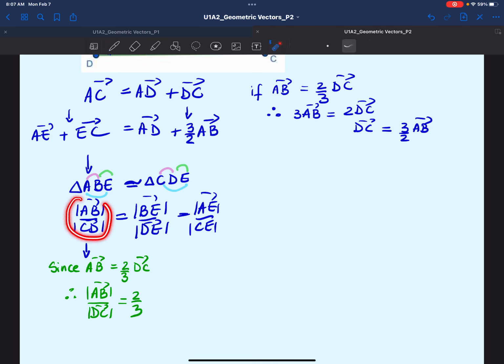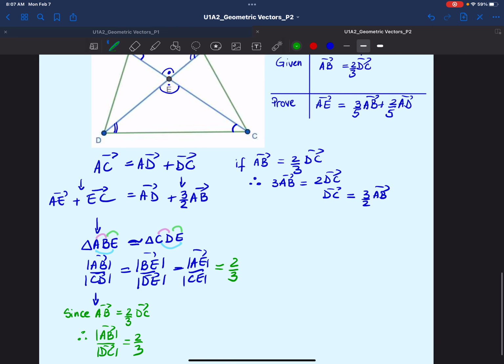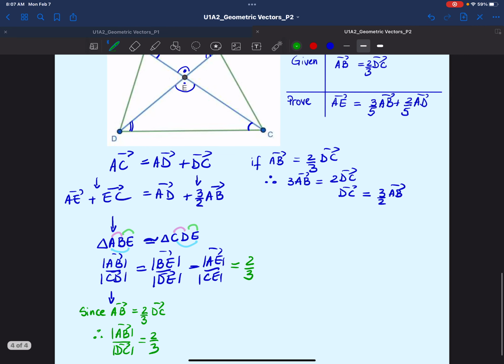So this ratio here is 2/3, but so should this one, and so should this last one. And this is the one we're interested in, so 2/3. So we'll say that the magnitudes of vectors AE and CE stand at the ratio of 2/3.